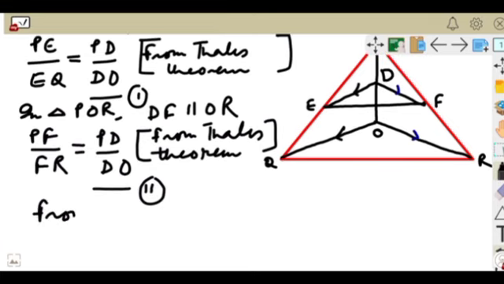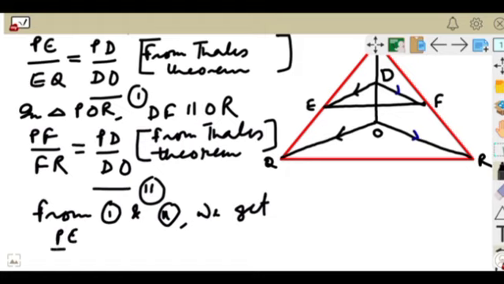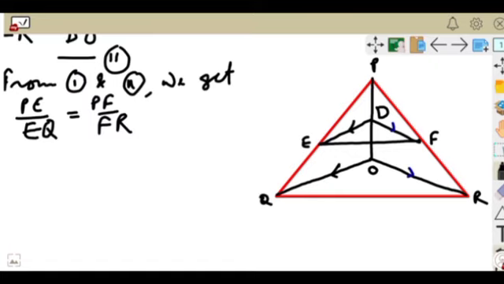From 1 and 2 we get, I can write here PE by EQ equal to PF by FR. Okay, I'll draw this triangle PQR.